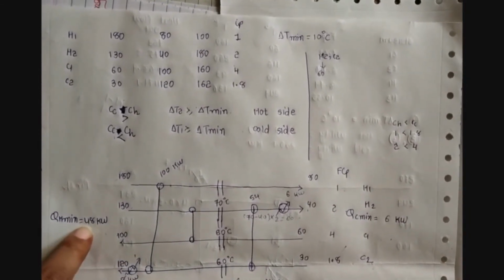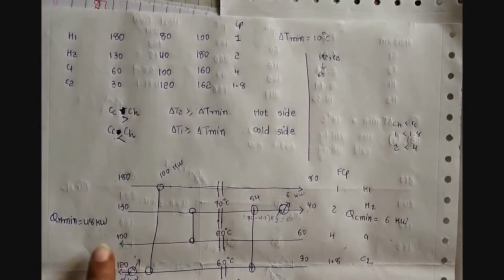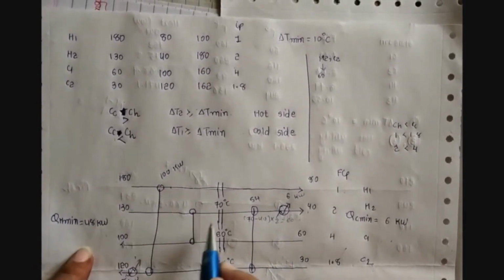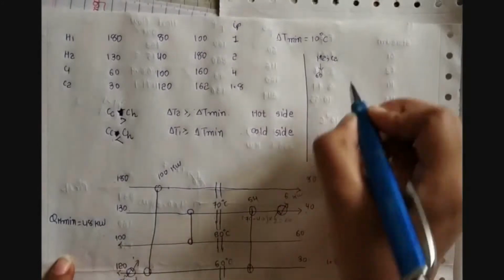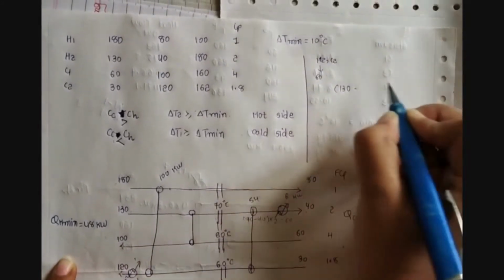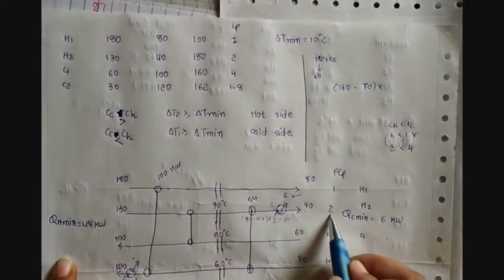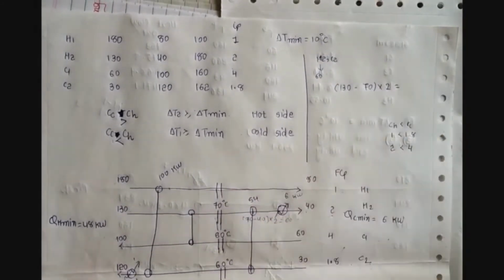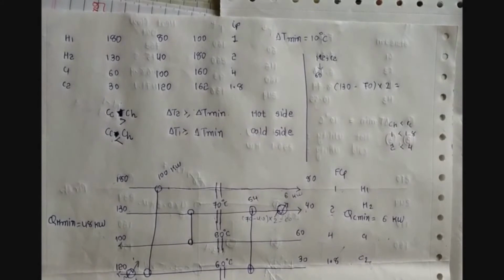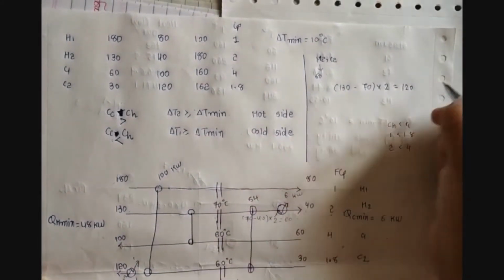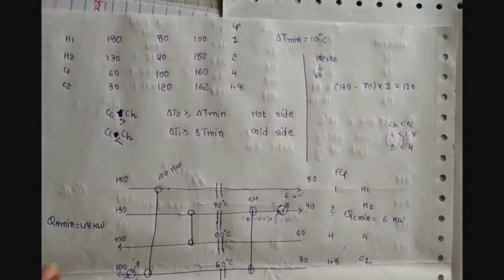This is part of the 48. Now how much is required by the H2 stream? 130 minus 70 into its heat capacity, which means 2. So you will get 60 into 2, 120 kilowatt required by the H2 stream.